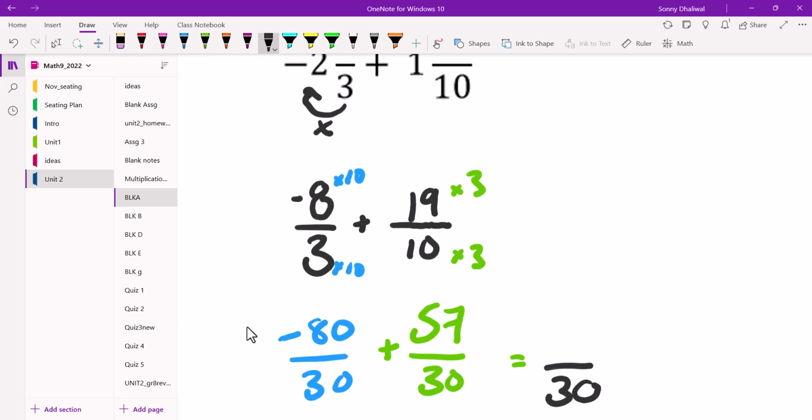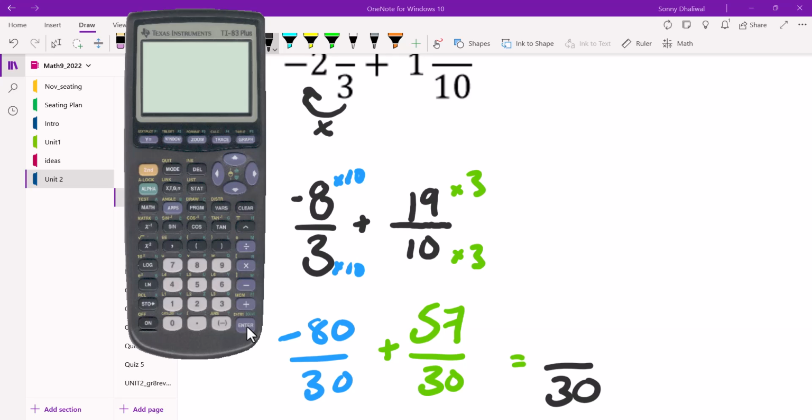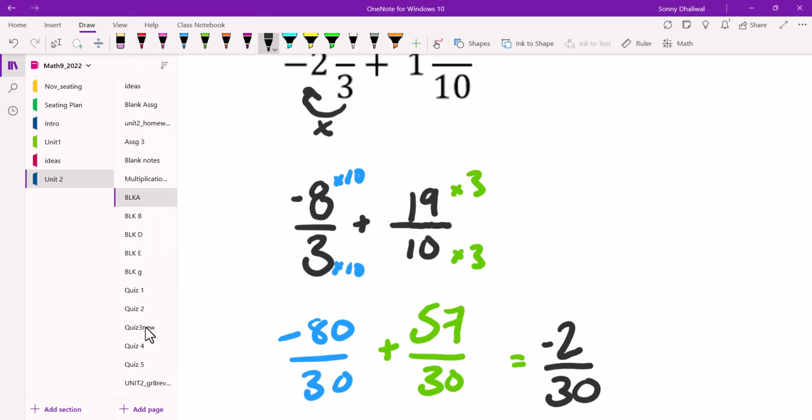So the bottom stays the same, and we combine the top. We have negative 80, ignore the bottoms, plus 57. What do we get? Negative 80 plus 57. You can use your calculator here. Negative what? 23. Negative 23. Thank you.